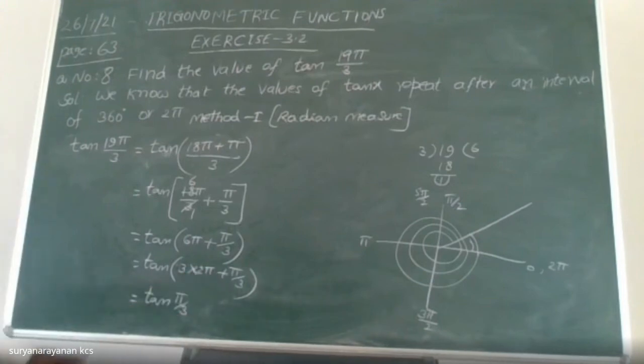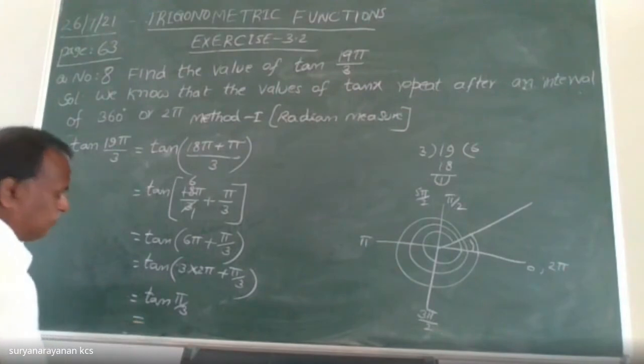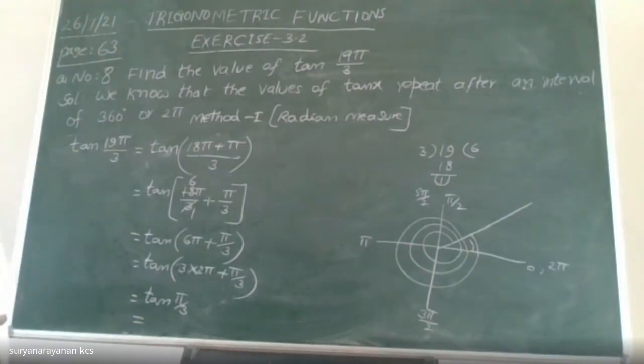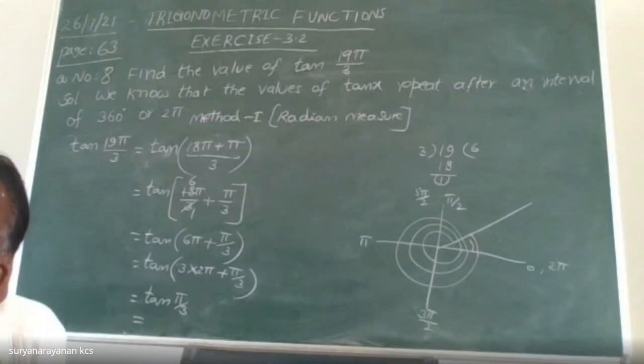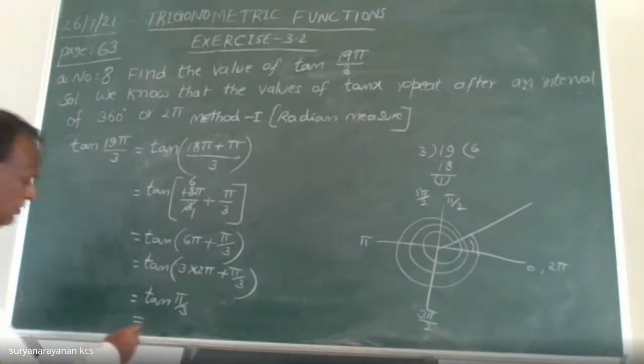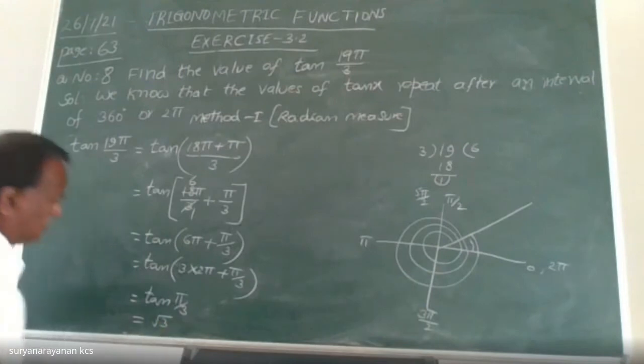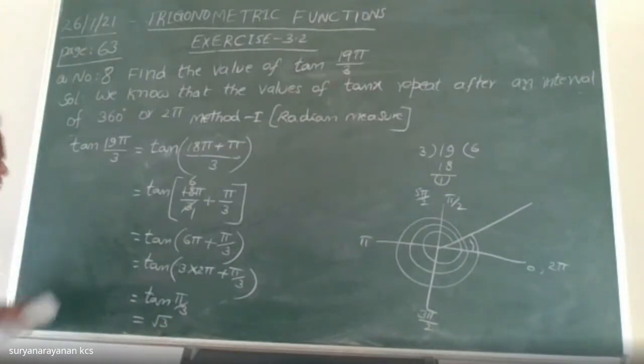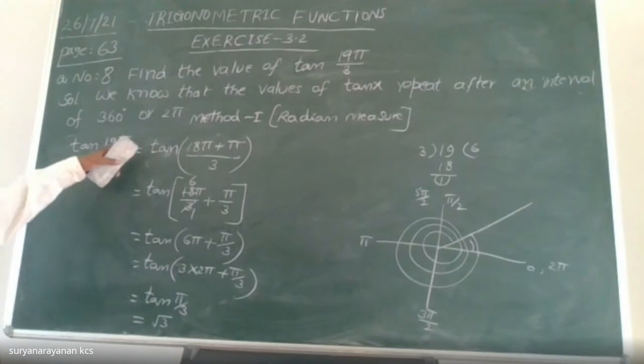So what is the value of tan pi by 3? Root 3. Yes. So this is the value of tan 19 pi by 3.